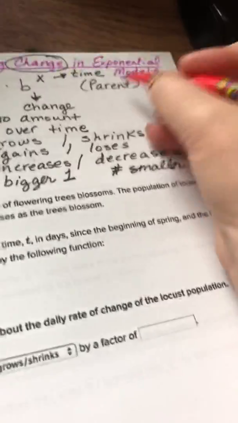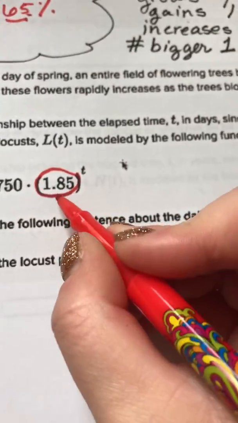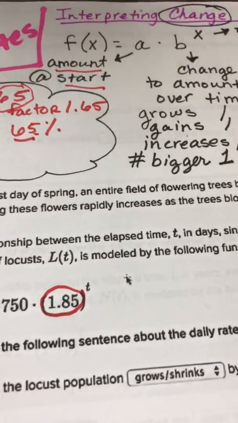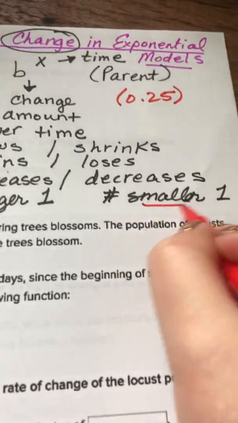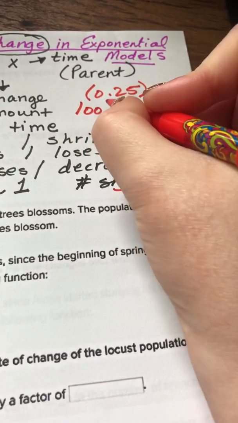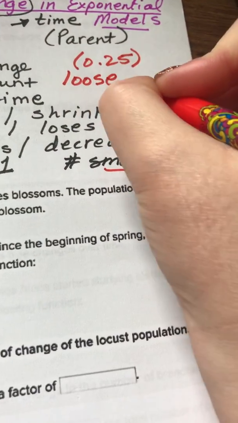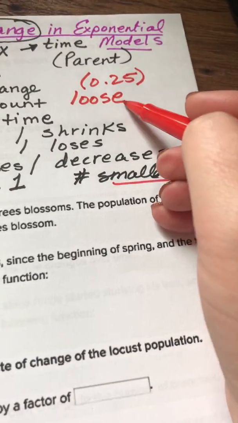Or like, let's say instead of 1.65 in these parentheses, we have 0.25. That's smaller than 1, so that means a loss. And it's not lose 25%.